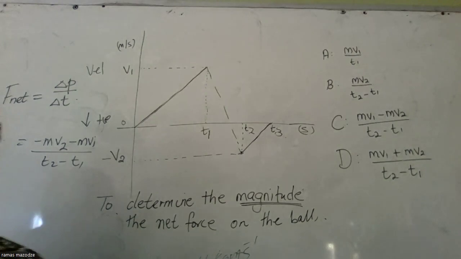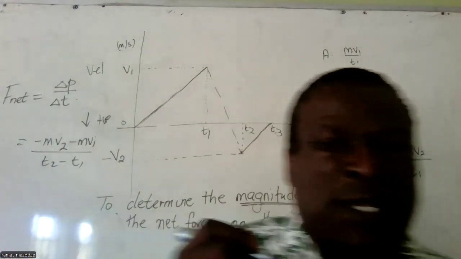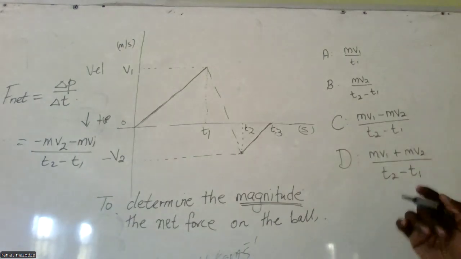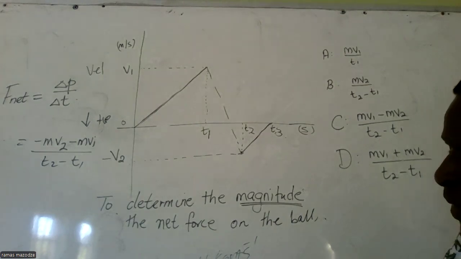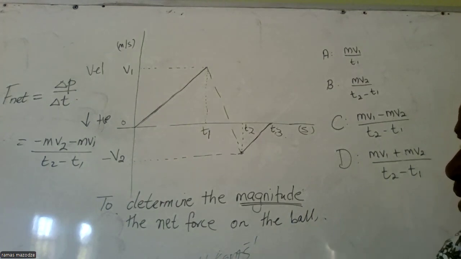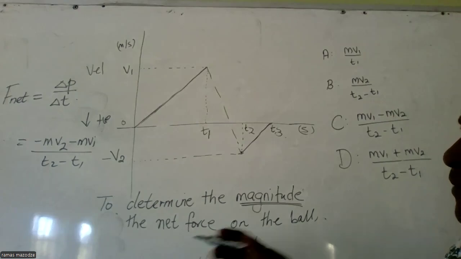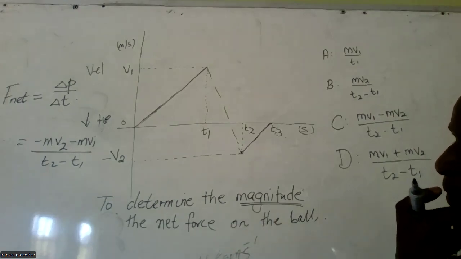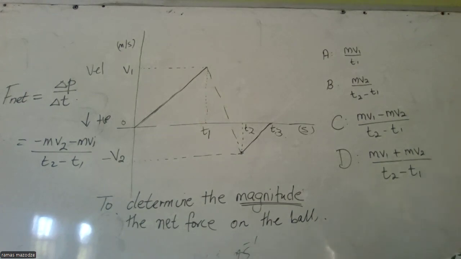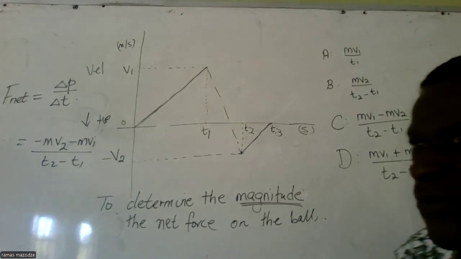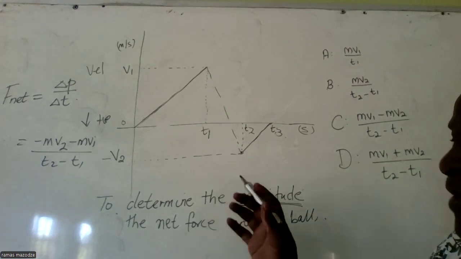What is the problem is that most learners would look at the options, but they don't answer that way. Let me give you an example of a situation where the change in momentum is negative. Let's say v2 was 2 meters per second, which we take as minus 2, and let's say the mass of the ball was 2.